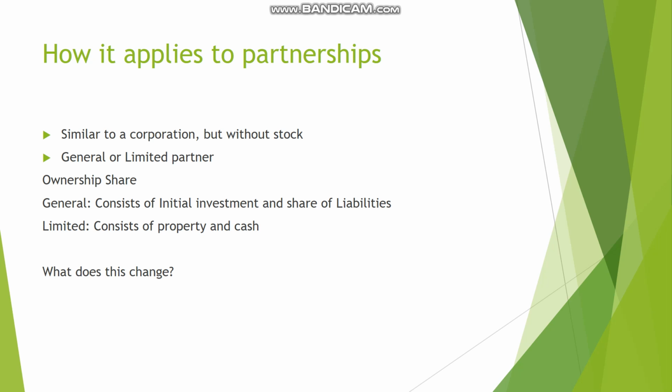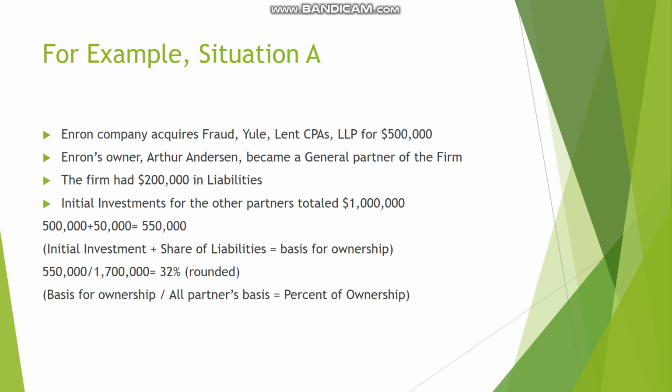So what does this change then with our original example? So here's a new example of what this looks like. Once we finish our calculations for this example, this would be at the forefront of the CPA exam problem that we saw before, in that our final answer here is going to be the amount of ownership that we have in our new partnership.